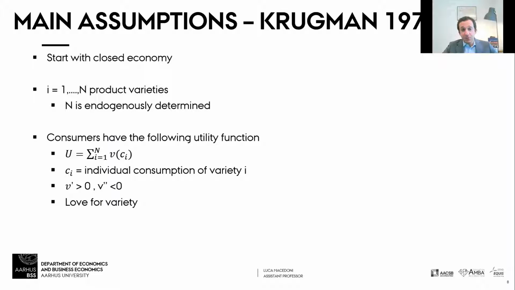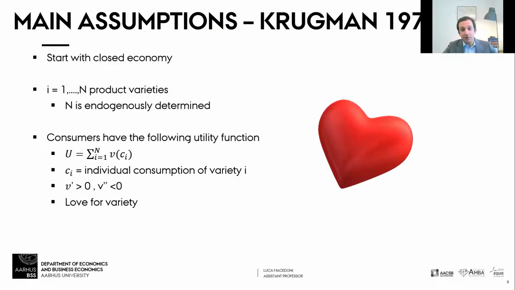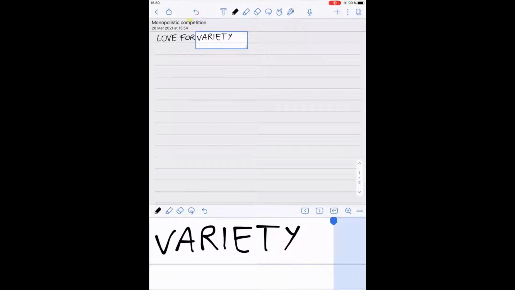These preferences, we're also going to assume that they have a love for variety. What does that mean, love for variety? Well, let's see. What does it mean to have a utility function that exhibits love for variety?